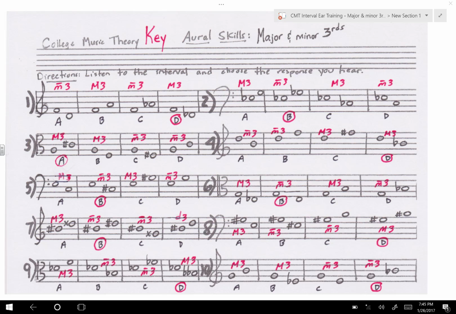Minor third ascending, 4B, would sound like do, me. Here's our major third for choice C. That's do, mi. And the answer was 4D, which is a major third descending, sounding like mi, do.